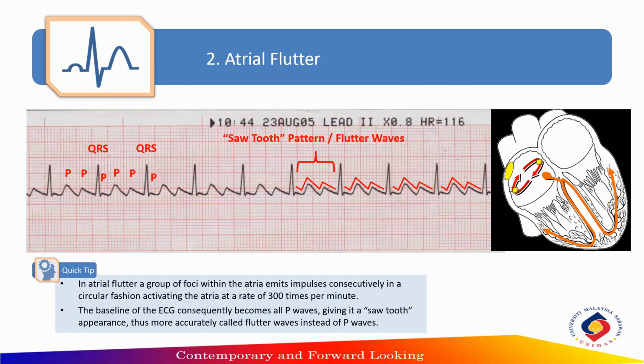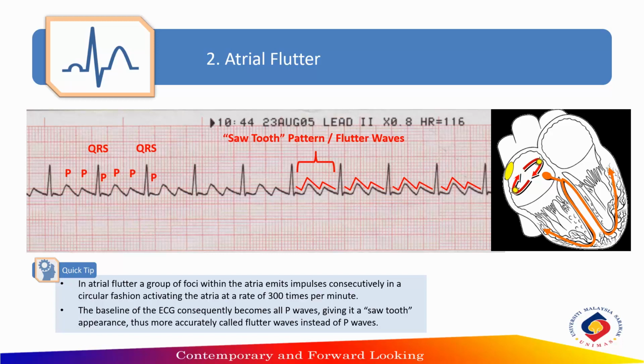In normal rhythms, every atrial depolarization will be followed by a ventricular depolarization, resulting in a QRS wave. But in the case of atrial flutter, where the atriums are firing at a rate of 300 times per minute, the AV node sets a physiological block to only allow some impulses to flow through and activate the ventricles.